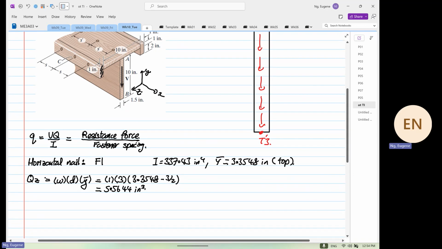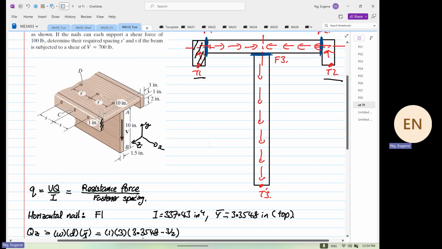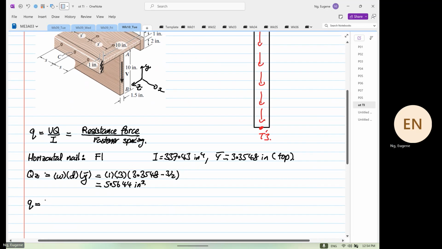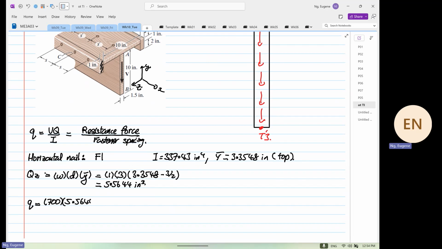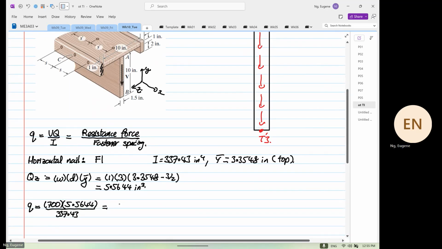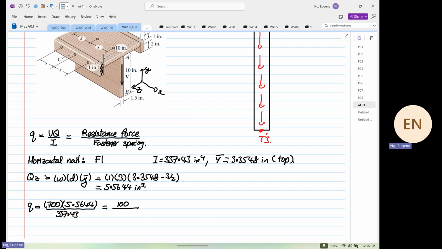Okay, so once we get that, V is equal to 700. The Q is 5.5644. The I is equal to 337. And then the resistance force is given to us to be 100, divided by the spacing.